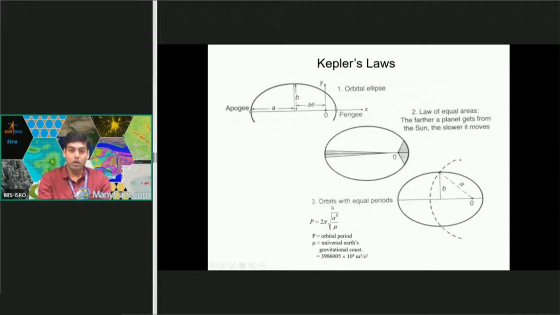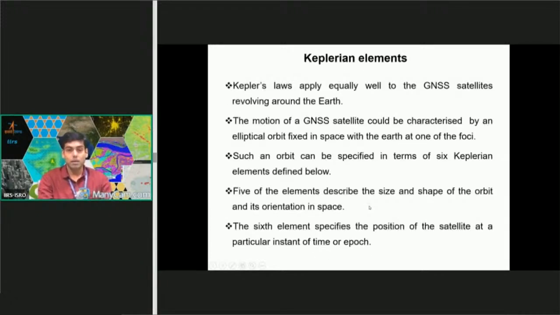And the third law, orbits with equal period. So it will always have an equal period for one complete orbit. Why are these Keplerian elements important in determining the satellite position?